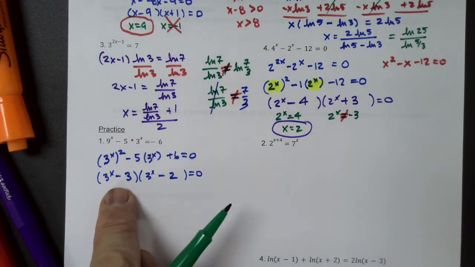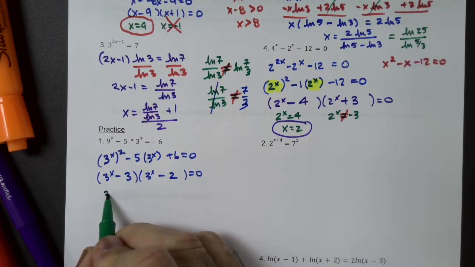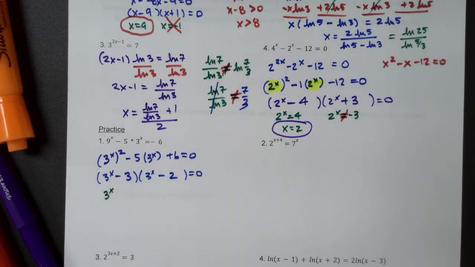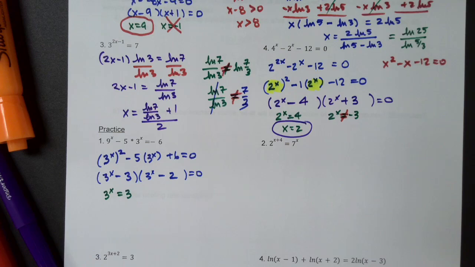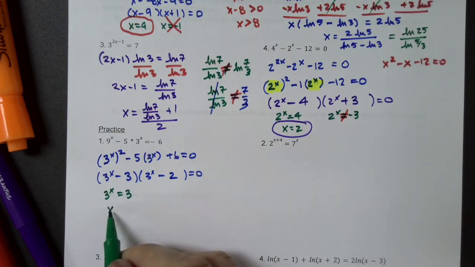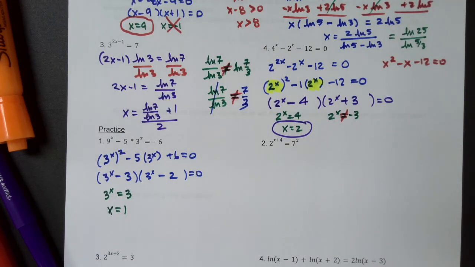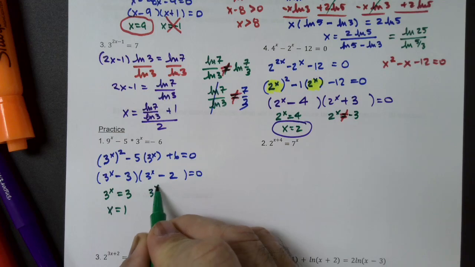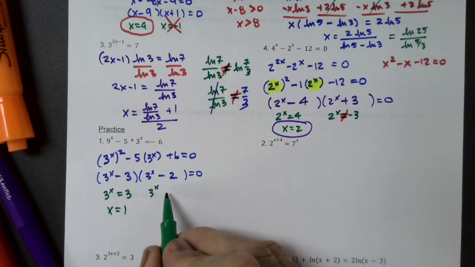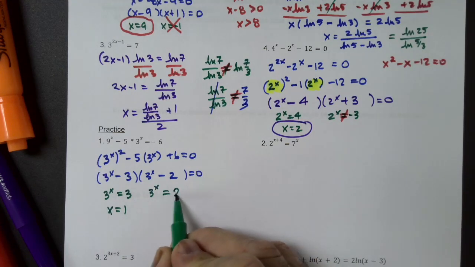Meaning we have one solution here when 3 to the x minus 3 equals 0, or 3 to the x equals 3. Pretty obvious. The only way that's going to be equal is if x equals 1. There's one solution. Let's do the other one. This would be when 3 to the x minus 2 equals 0, or 3 to the x equals 2.